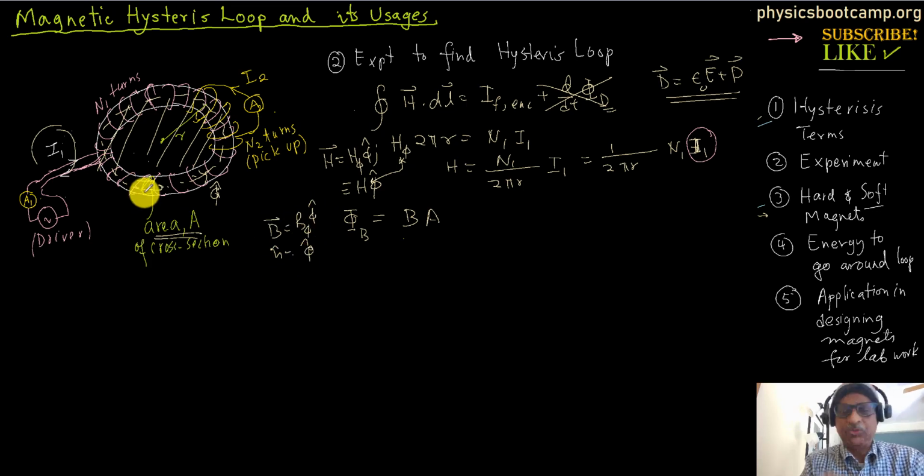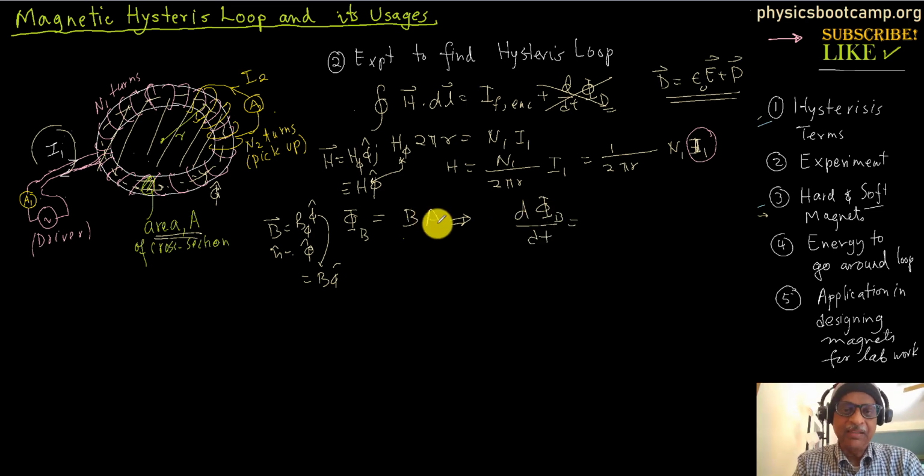We assume that this is constant and uniform, for the sake of simplicity. So you can see that d phi B dt, A is not changing, it's A dB/dt.